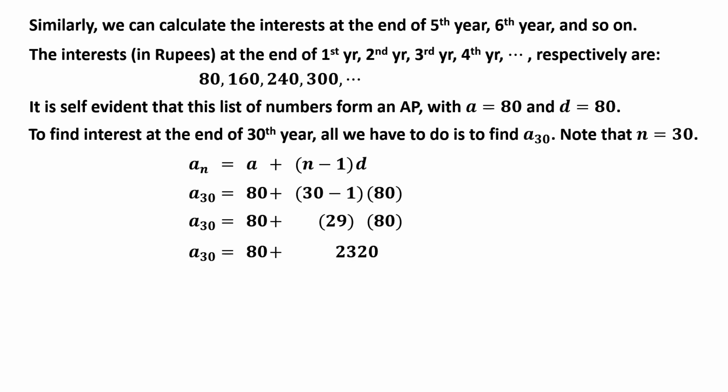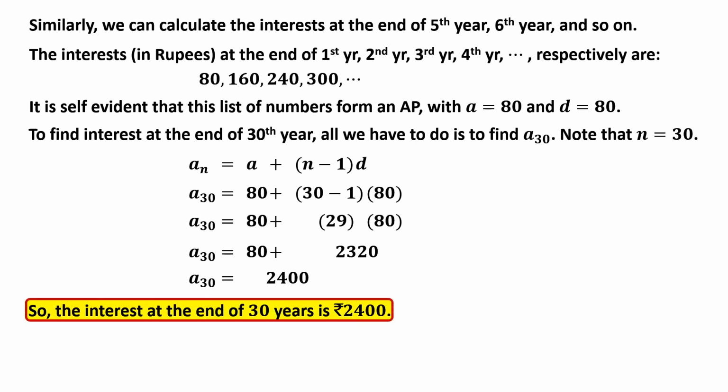This is equal to 80 plus 2320. a30 equals 2400. Therefore, the interest at the end of 30 years is rupees 2400.